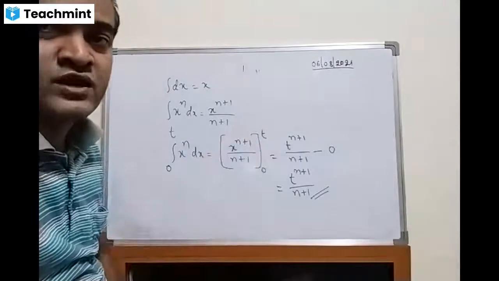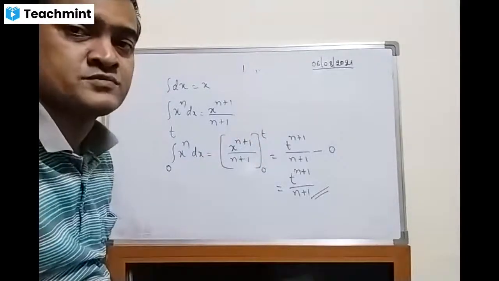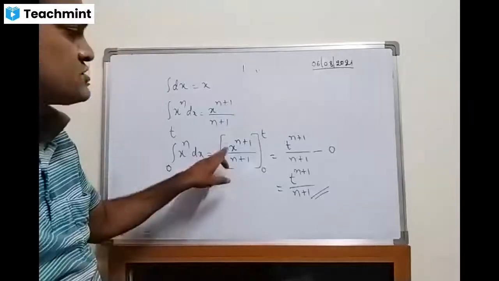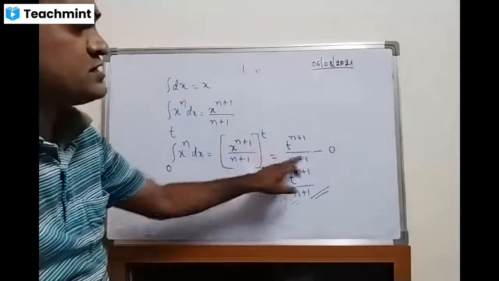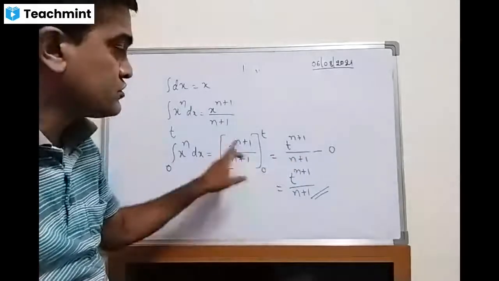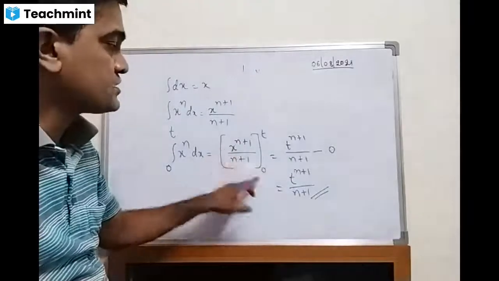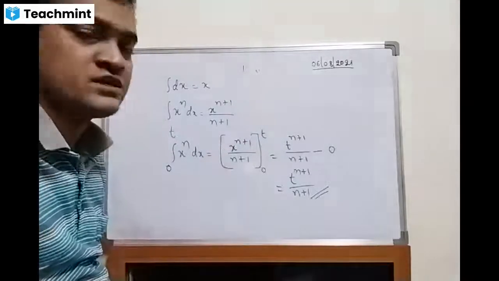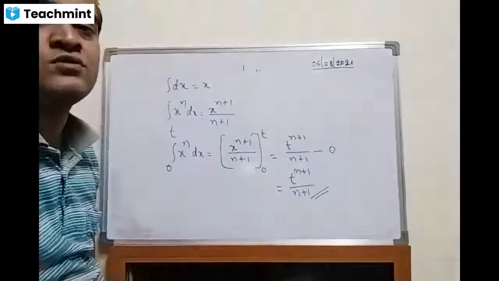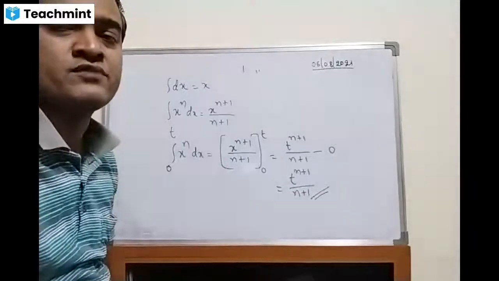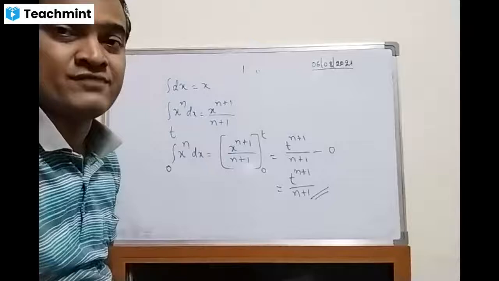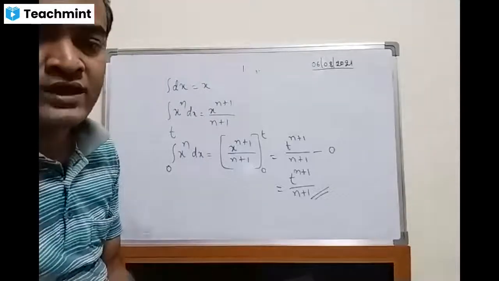Then first, which limit do you have to substitute? First you have to substitute the upper limit in place of x, and then subtract the lower limit by substituting the lower limit in place of x. Then 0 to the power anything is 0 only. So this is the method of doing definite integrals.